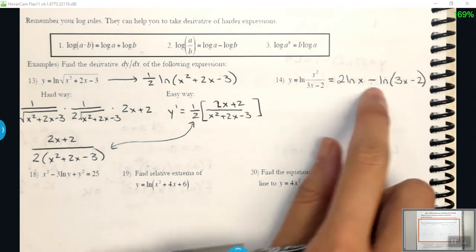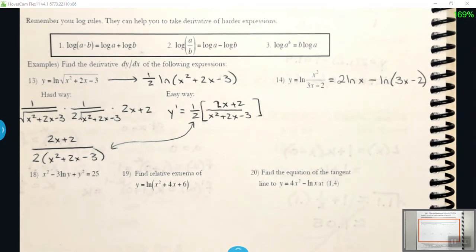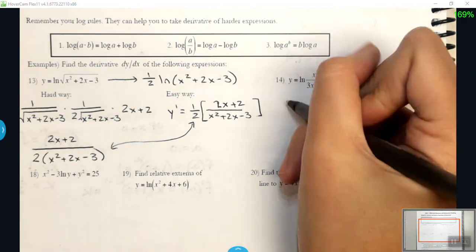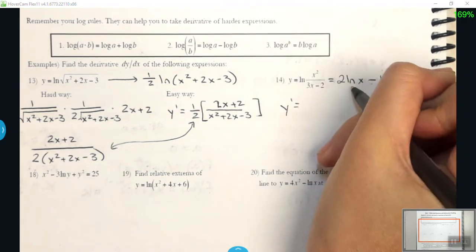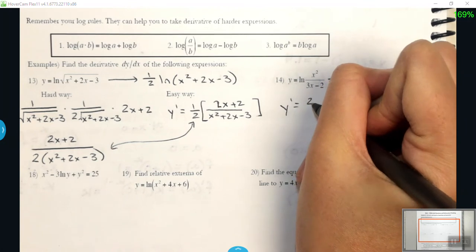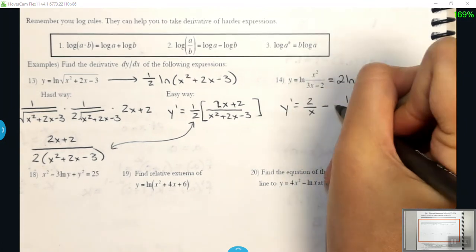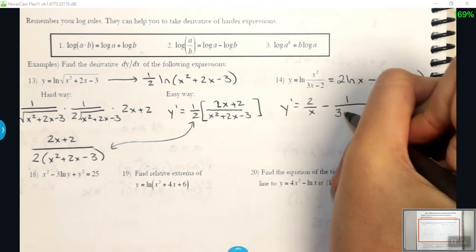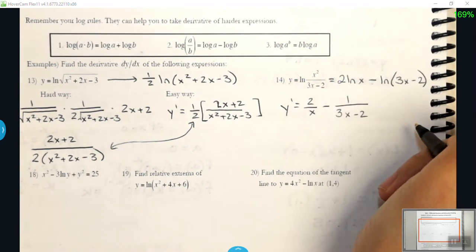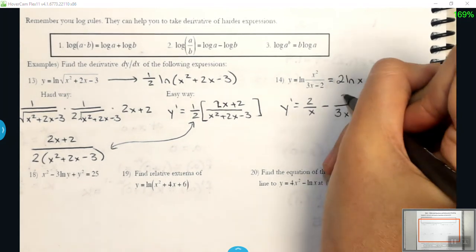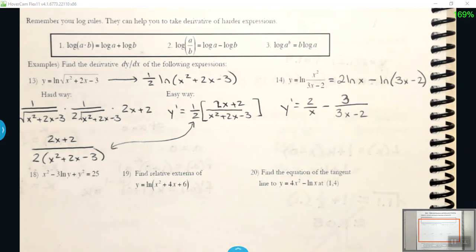Or sorry, divide means subtract, and exponent can go to the front. All right, and then to take the derivative, it's super easy. The derivative of 2 natural log x is 2 over x minus, and this would be 1 over 3x minus 2 times 3. So put a 3 on the top. Okay? Easy?